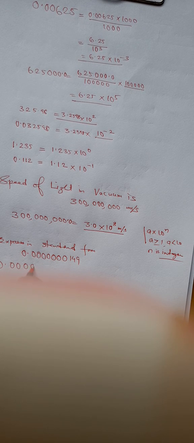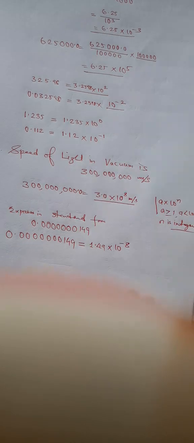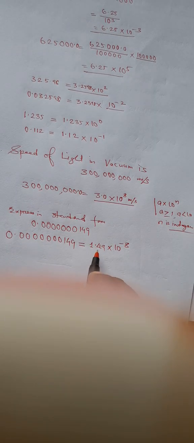Equal to, now here you will be shifting the decimal to the right side by how many places? 1, 2, 3, 4, 5, 6, 7, 8 places. Then you will get 1.49, 10 to the power minus 8. After shifting 8 places to the right side, you got a scientific number, 1.49 into 10 to the power minus 8.